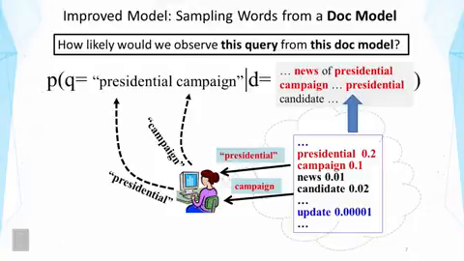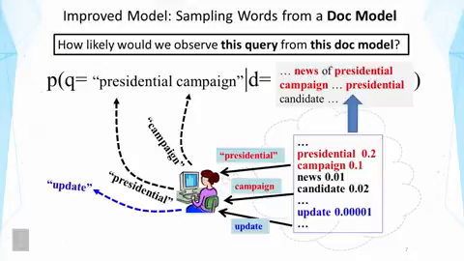Now the difference is that this time we can also pick a word like "update", even though "update" doesn't occur in the document, to potentially generate a query word like "update", so that a query with "update" will not have 0 probability. So this would fix our problem. And it's also reasonable because we're now thinking of what the user is looking for in a more general way. That is a unigram language model instead of a fixed document.